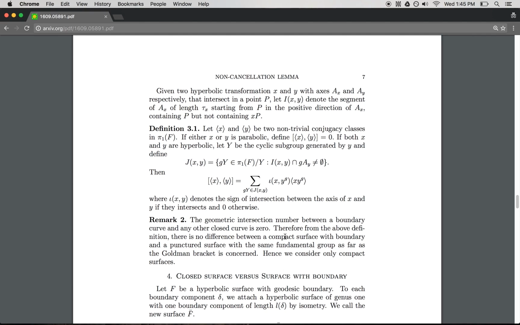Let ⟨x⟩ and ⟨y⟩ be two non-trivial conjugacy classes in π₁ of F. If either x or y is parabolic, define the Goldman bracket of ⟨x⟩ and ⟨y⟩ equals 0.